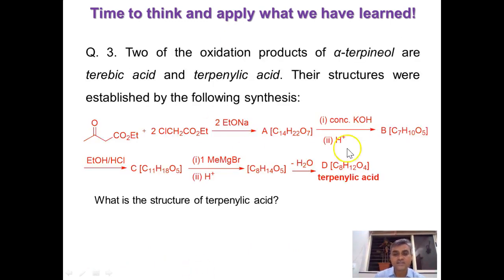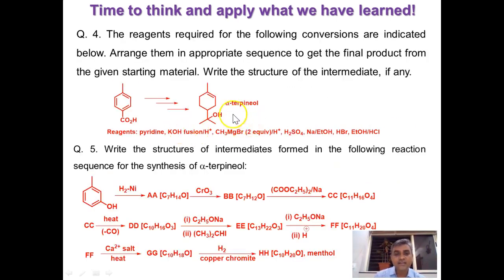The next one is the synthesis of terpinolic acid using ethyl acetoacetate chemistry. There are two equivalents. The molecular formulas of the intermediate products are also given here, so on the basis of that, the student is supposed to write the reaction sequence. And at the end, the synthesis of alpha terpineol from paratoluic acid can be asked in two different ways.